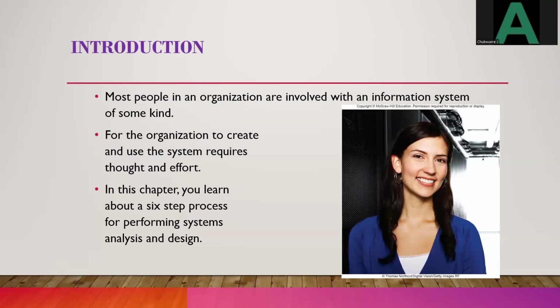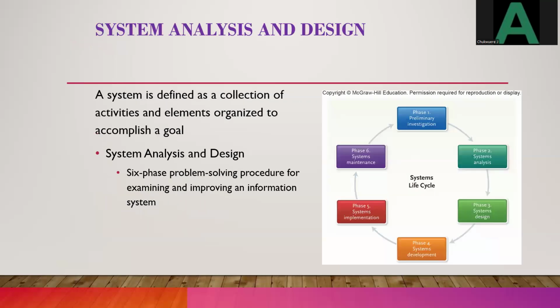So in this chapter, we're going to learn the six-step process for performing system analysis and design. A system is defined as a collection of activities and elements organized to accomplish a goal. A computer system involves different elements, different packages, different activities, from your input of data to the processing of that very data, which all come together towards achieving a particular objective, to take the company from point A to point B.